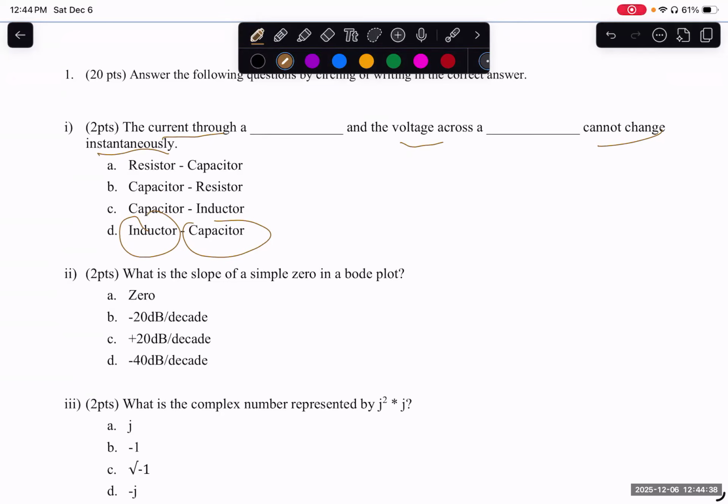If it doesn't sound super familiar to you right now, I would ask you to go over the notes, because it's highly likely that you're going to have a question on Bode plots. So basically, for a Bode plot, a simple zero is positive 20 decibels per decade. That's the slope. And if it was a pole, it would have been negative 20.